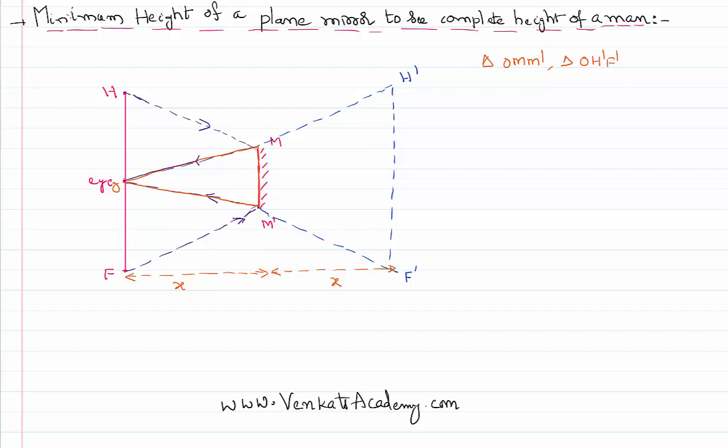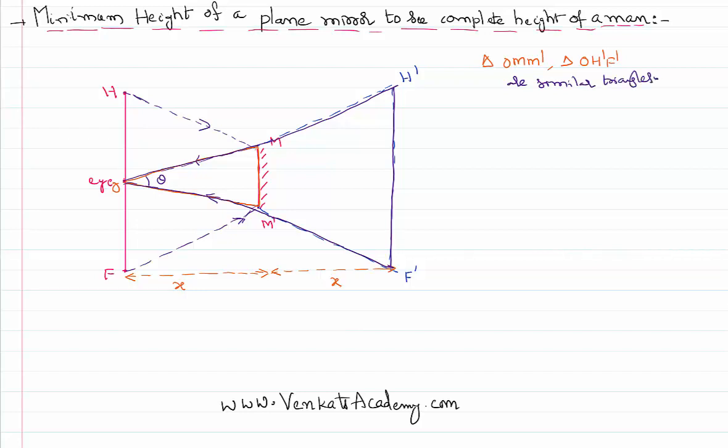This is one more triangle, O H dash F dash. These two triangles are obviously similar because they are sharing the common angle theta. So I would like to say they are similar triangles.